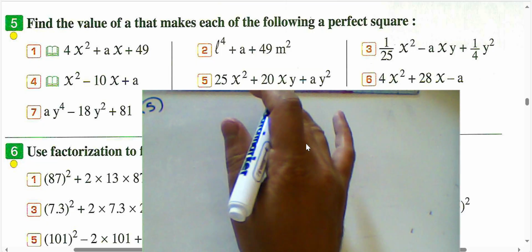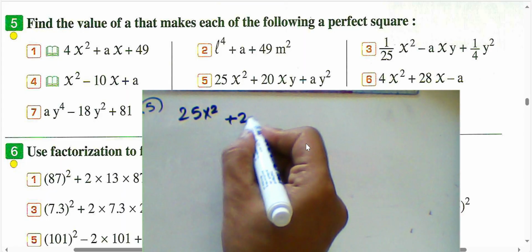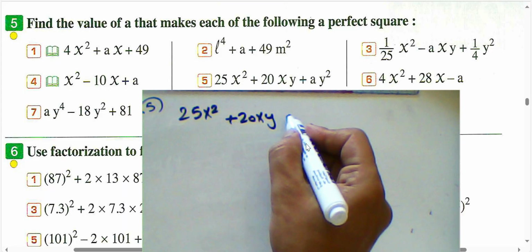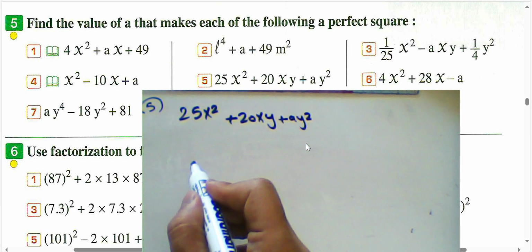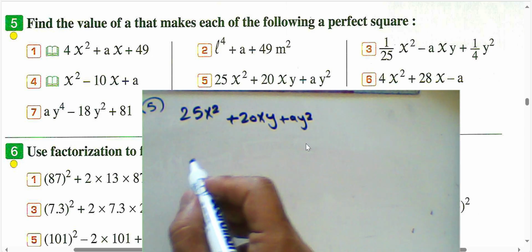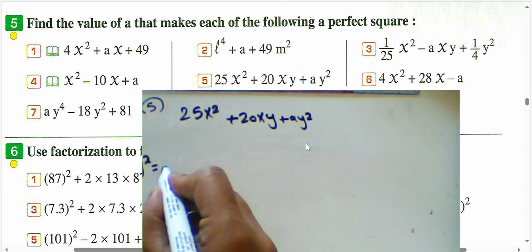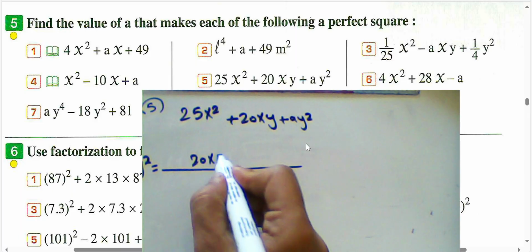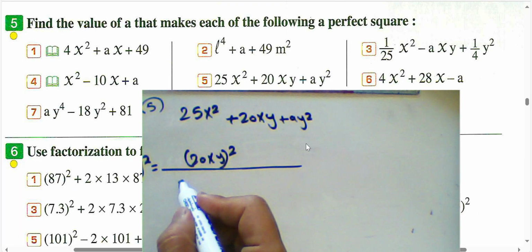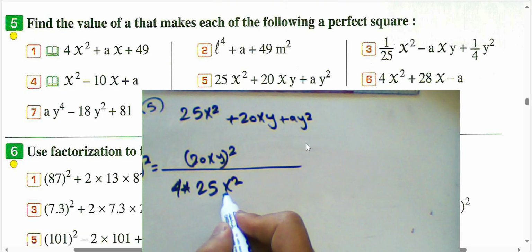Number 5, we have 25x power 2 plus 20xy plus a y power 2. Who can solve this example? A y power 2 lies in the third. Then a y power 2 will be equal to the middle, (20xy) all power 2, over 4 product by the first, 25x power 2.